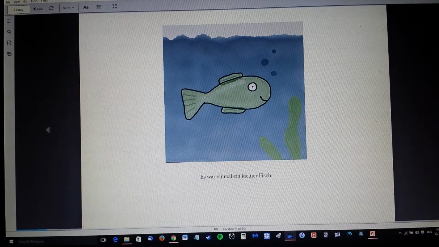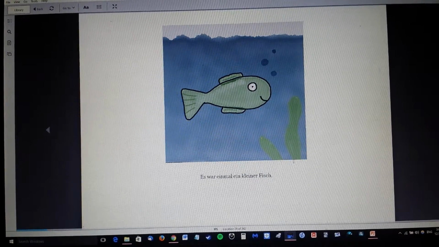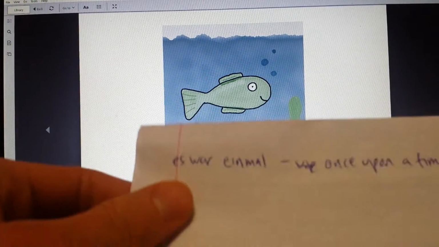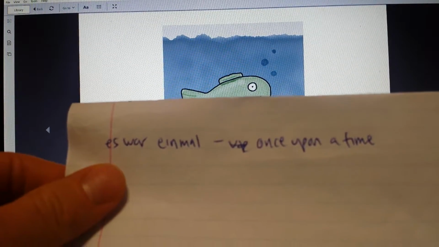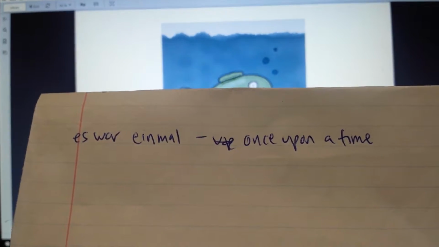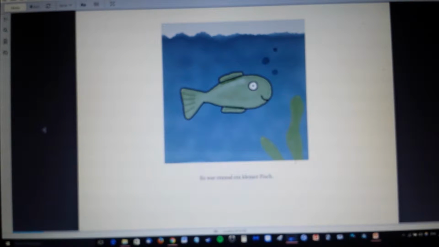Einmal. Es war. And I'm keeping track of it. Now, this is not my notebook. You would obviously use your notebook that you've designated for your language. But this will do. So I'm keeping track of words I don't know.